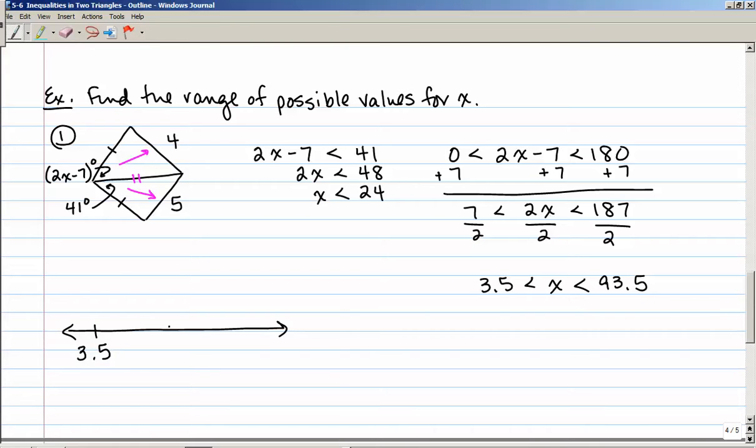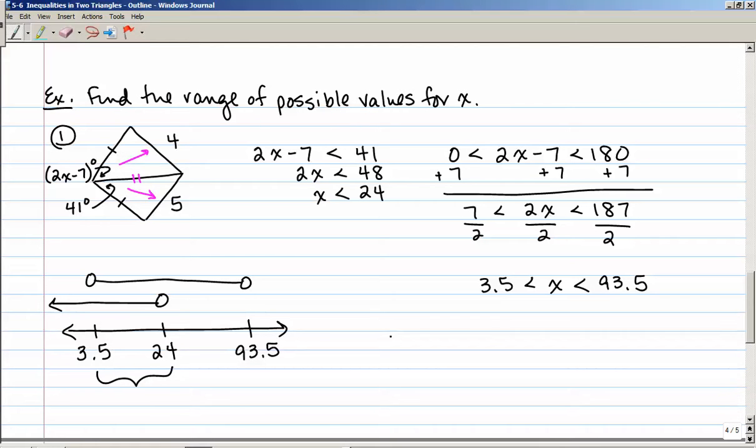So I have 3.5 and 24 and 93.5. So x has to be less than 24. Oh, it's a bad line. And x has to be between 3.5 and 93.5. So the region where these overlap is in here.